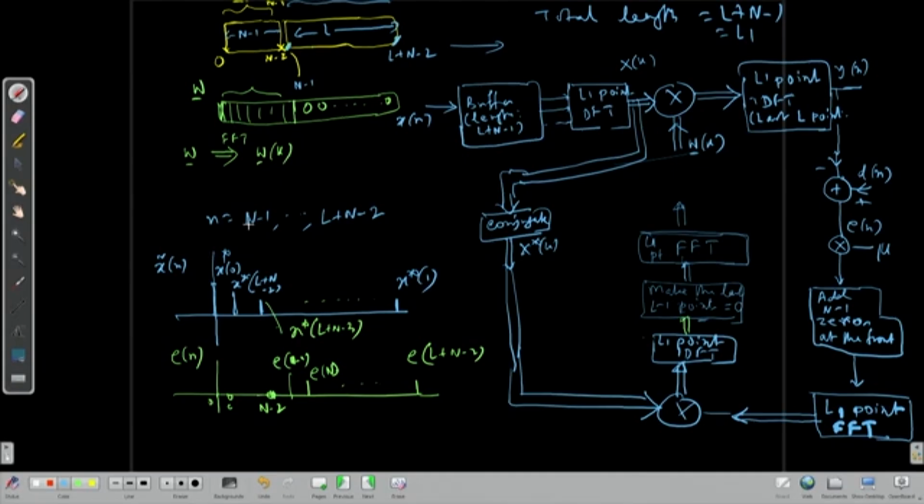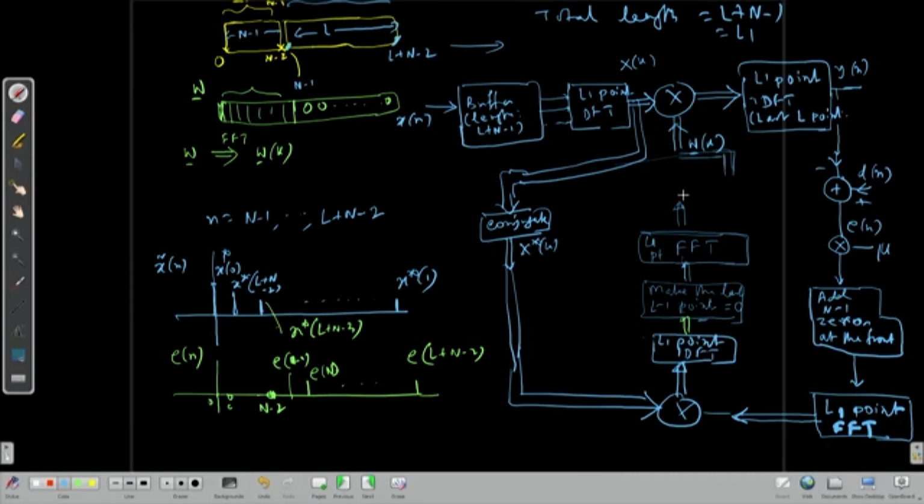We are in the frequency domain, so if you take the DFT of this updated weight, it is nothing but the DFT of the previous weight plus the DFT of the update term. So, the DFT of the update term is coming here, and this is the DFT of the current weight. So, I have to add them to get the DFT of the weight of the next block.